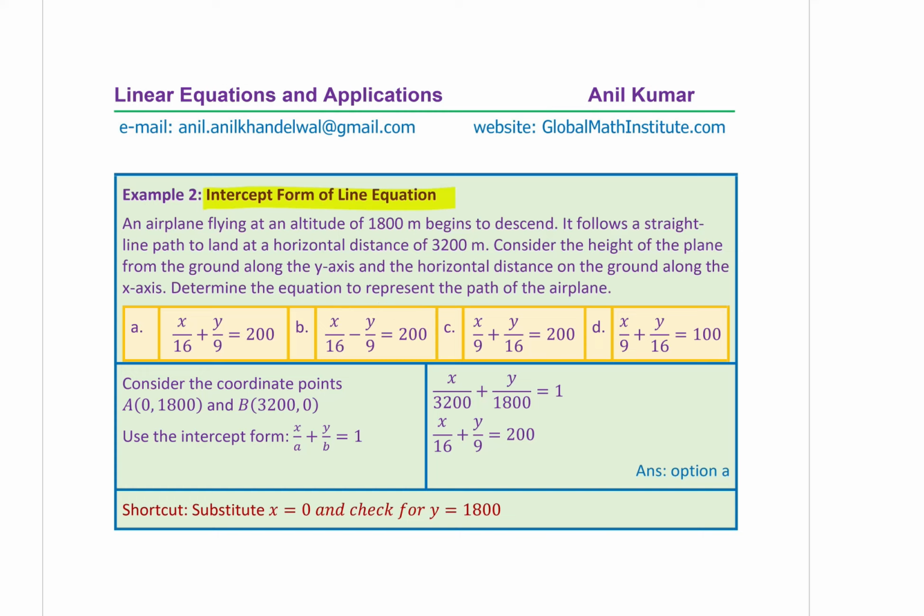So exactly similar situation. Well, some values have changed. We're taking the value a as (0, 1800). That is the y-intercept. The x-intercept is at 3200. Now, these are the two intercepts. We could directly apply the formula, which is x over a plus y over b equals 1. Substituting the x-intercept as 3200 and the y-intercept as 1800, we directly get our equation, correct?